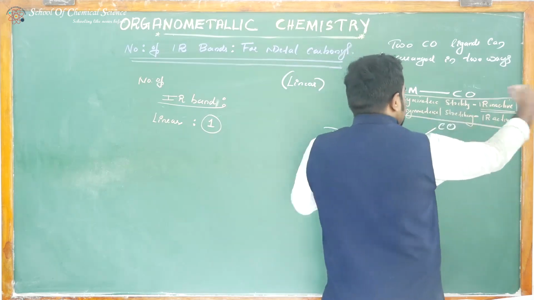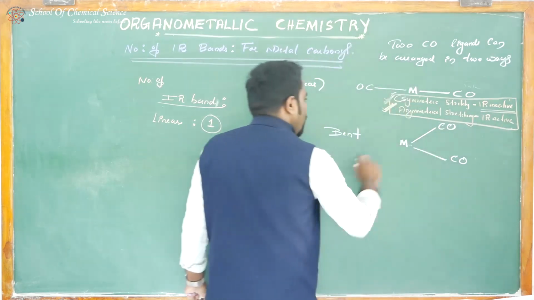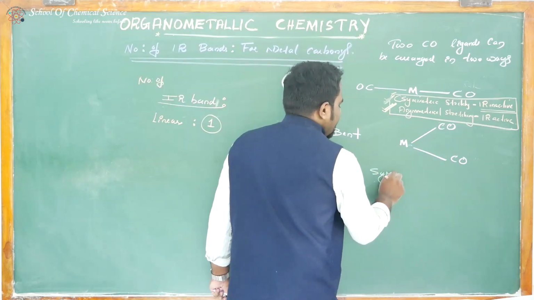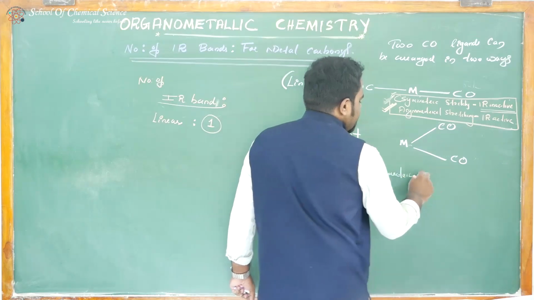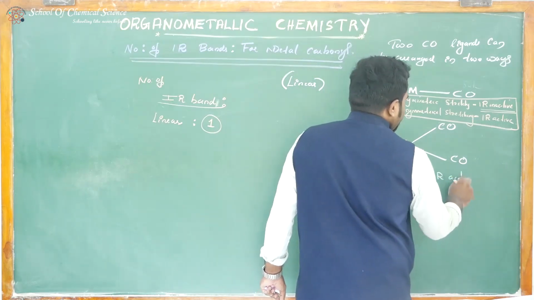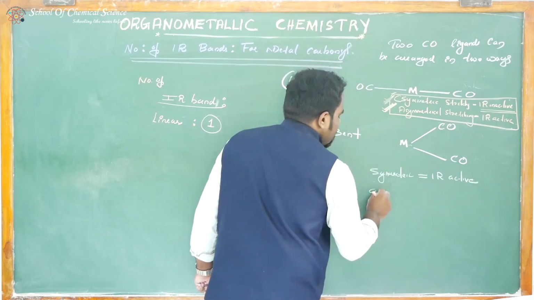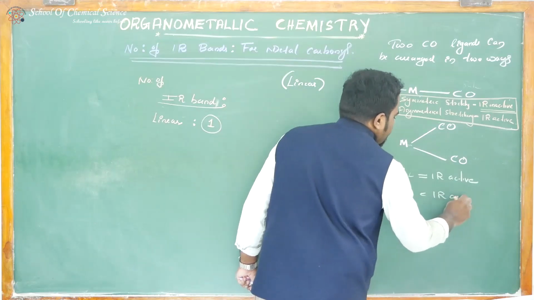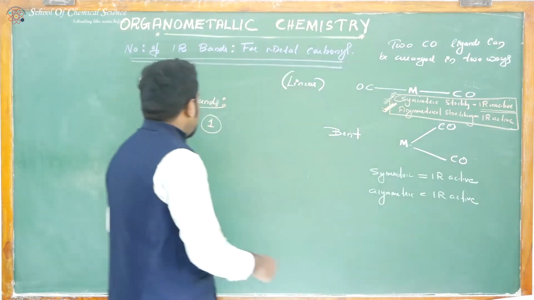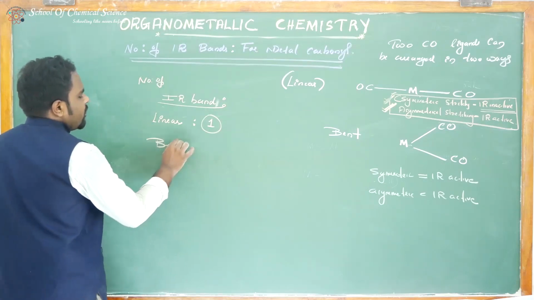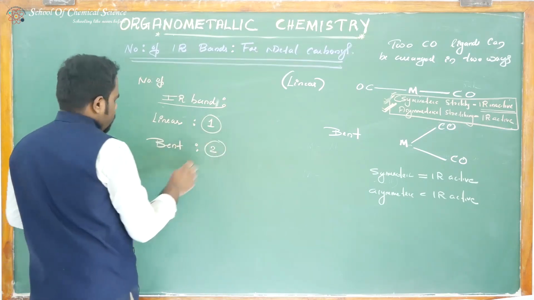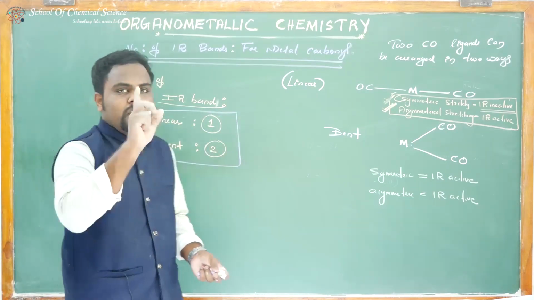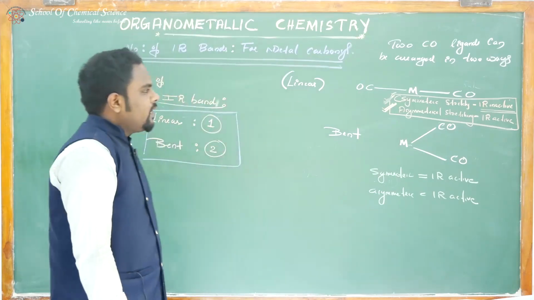In bent carbonyl, symmetric as well as asymmetric stretching are both IR active. So what is the total number of bands for bent carbonyl? 2. You have to memorize this. For linear carbonyl, only 1 band. For bent carbonyl, 2 bands.